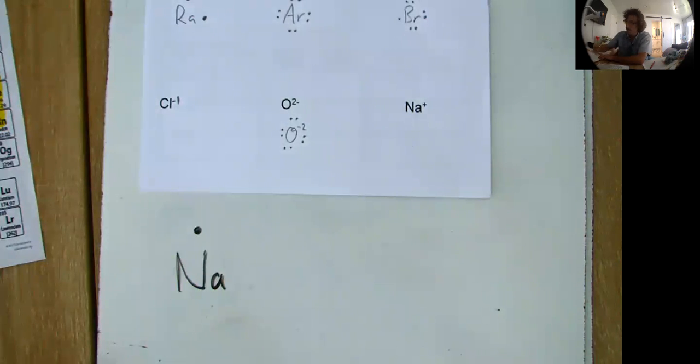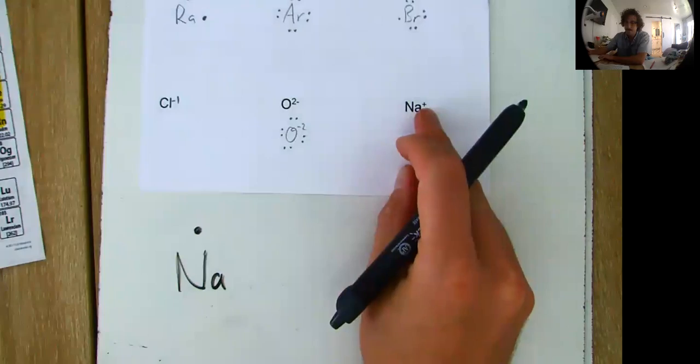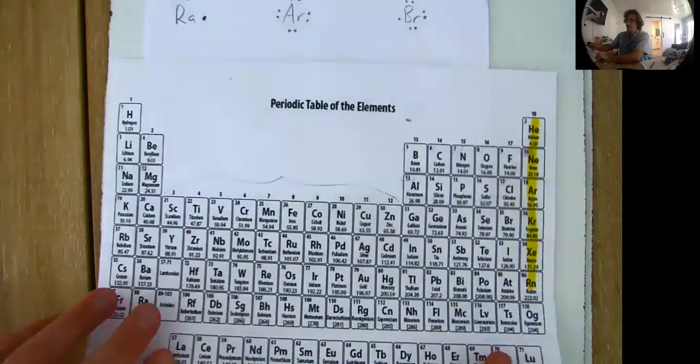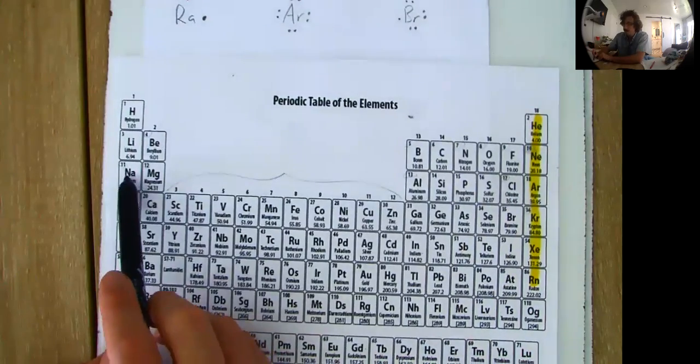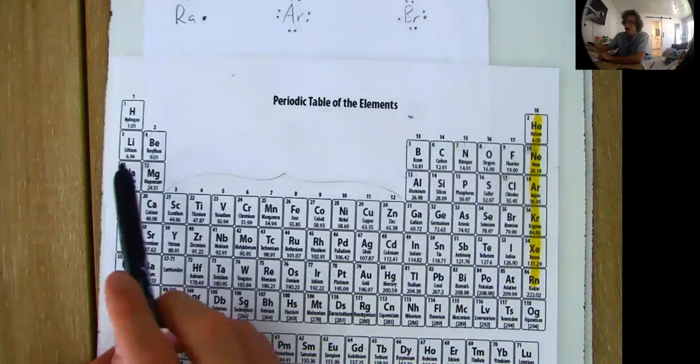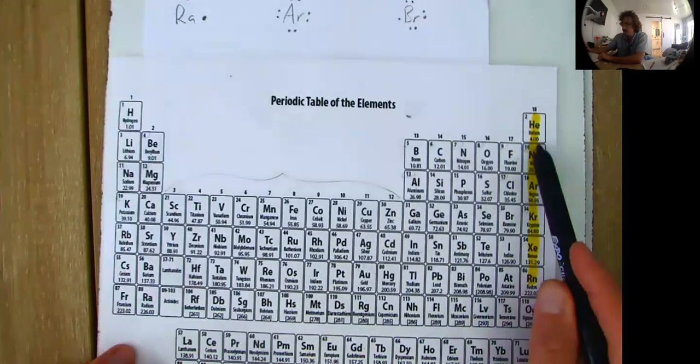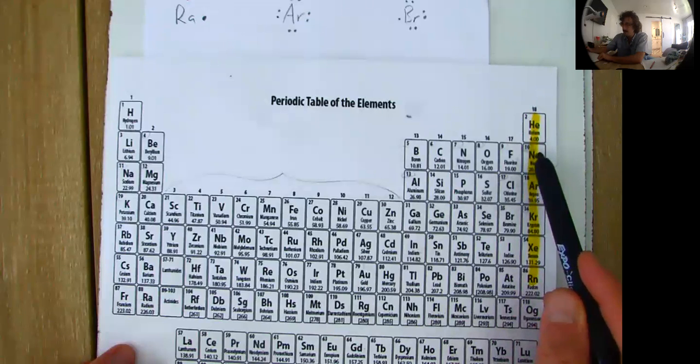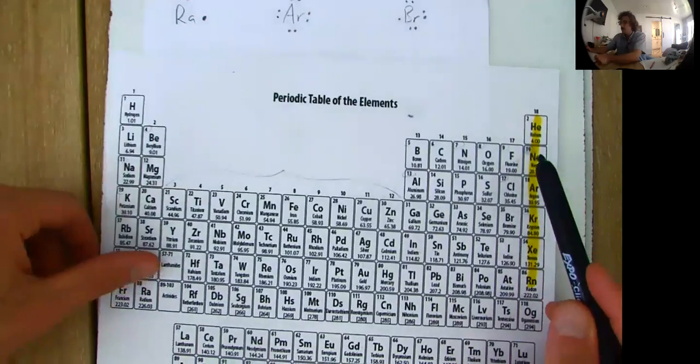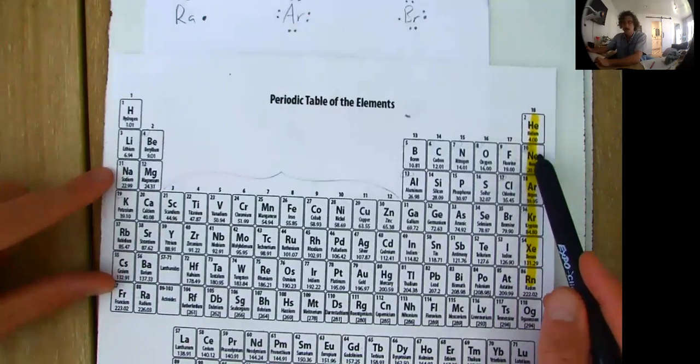Well, when sodium becomes an ion, sodium loses its 11th electron, so it has the same amount of electrons as neon, 10. So now that it has 10 electrons, it no longer has an electron on the 3rd shell.